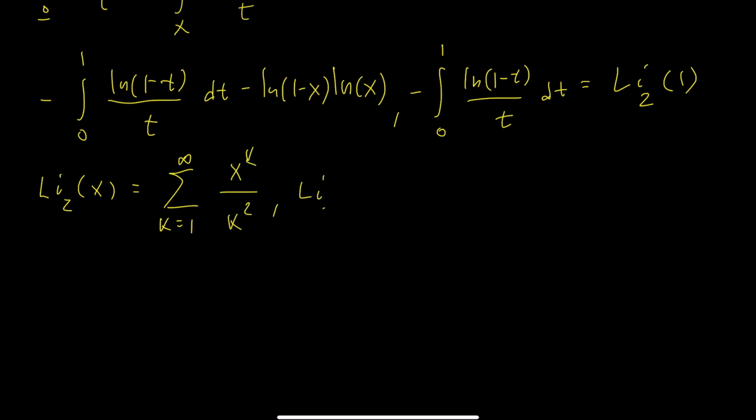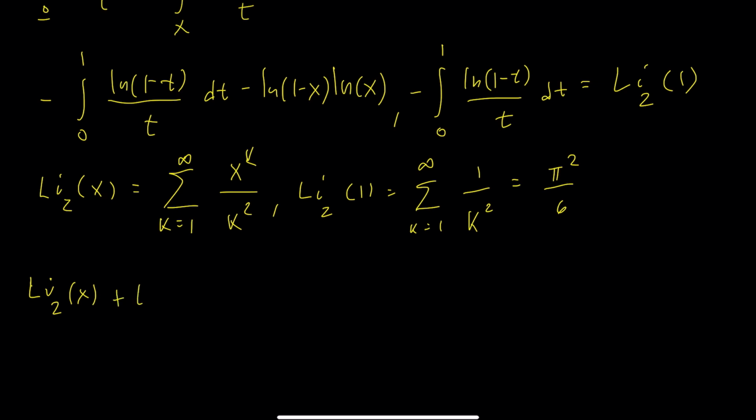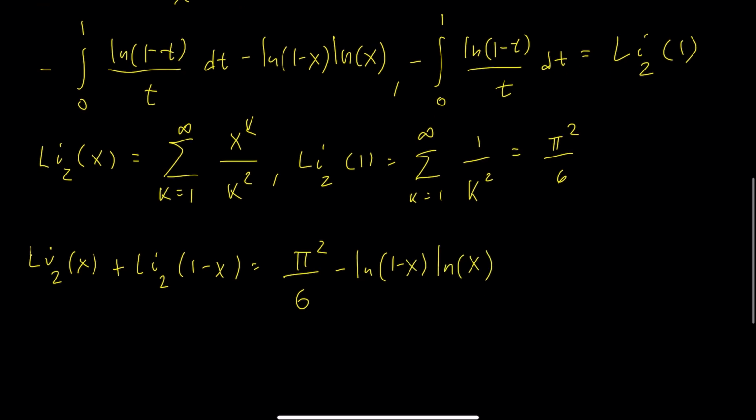So that means that the dilogarithm of 1 is the sum from 1 to infinity of 1 over k squared, which is known to be pi squared over 6. So that means we've shown that the dilogarithm of x plus the dilogarithm of 1 minus x is equal to pi squared over 6 minus the natural log of 1 minus x times the natural log of x.